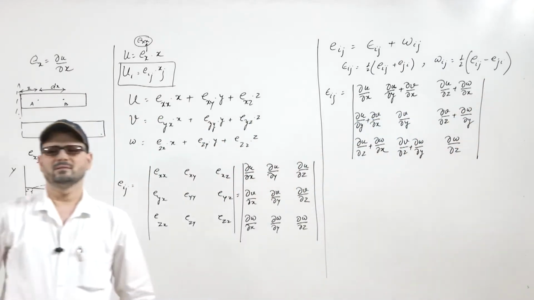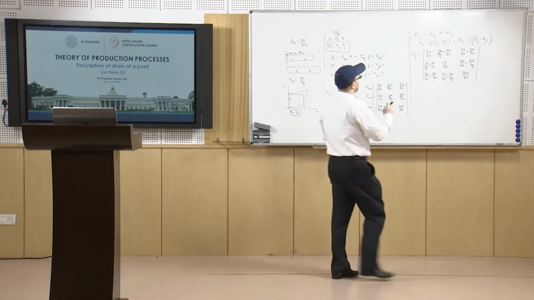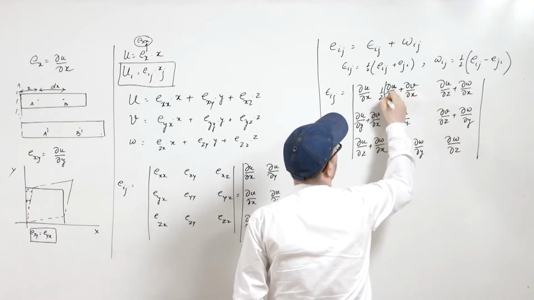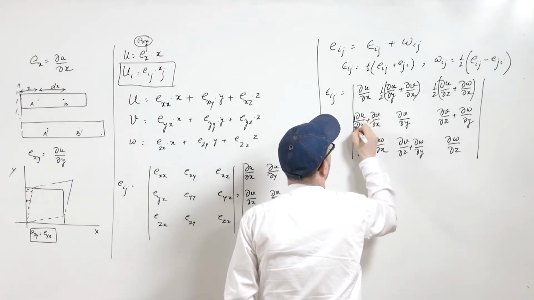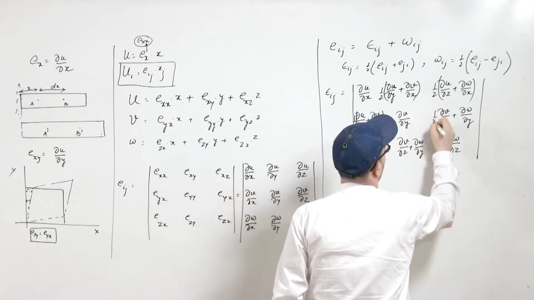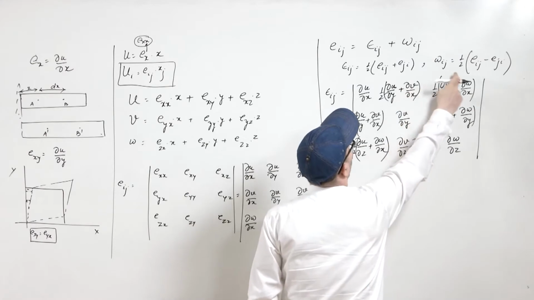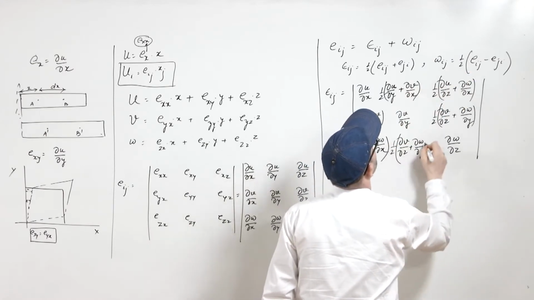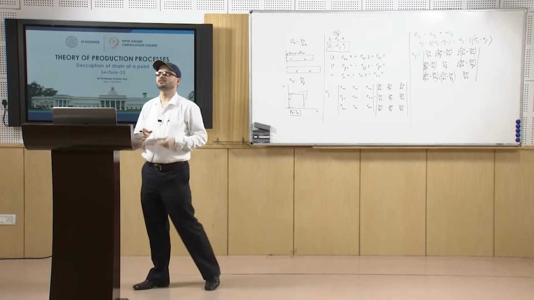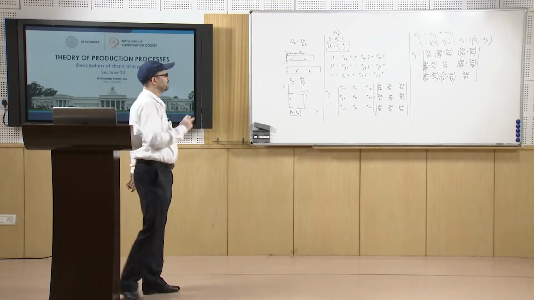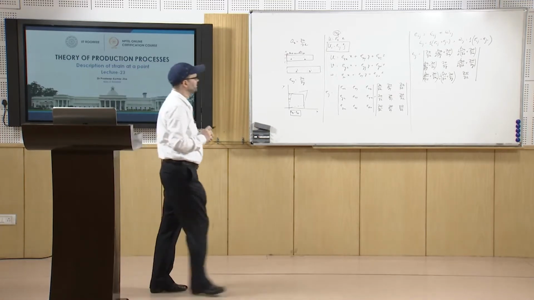This is the matrix which you get, and all these components will be multiplied by half. So they remain the same along the diagonal, and at other places you have this value.